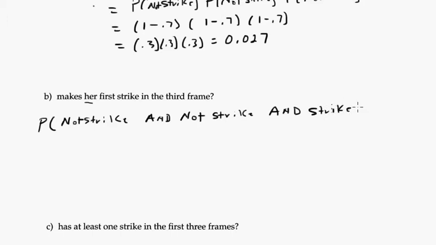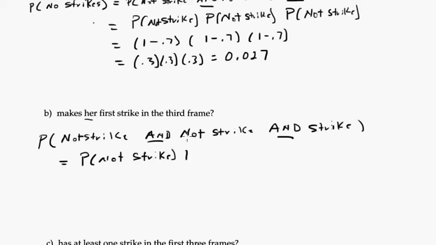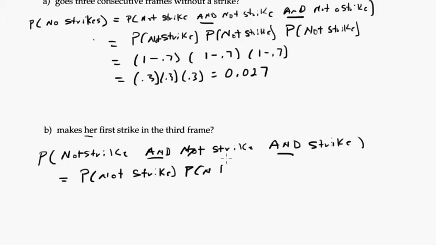I keep throwing the word and in so that you see we're going to multiply. So that's the probability of not a strike times the probability of not a strike times the probability of a strike.